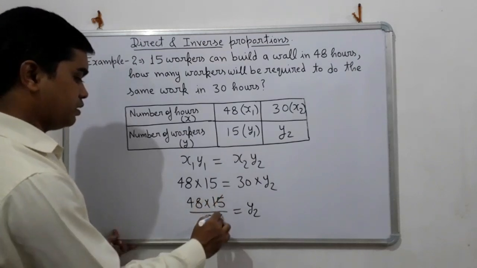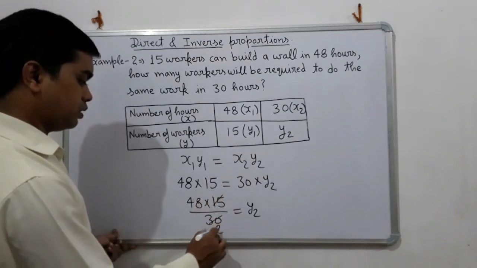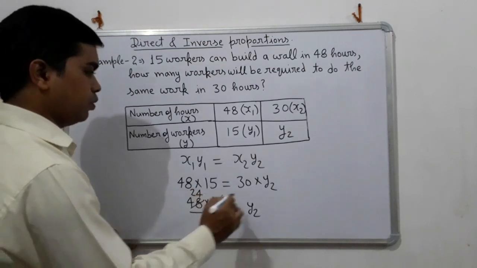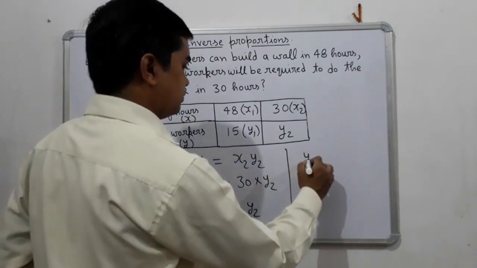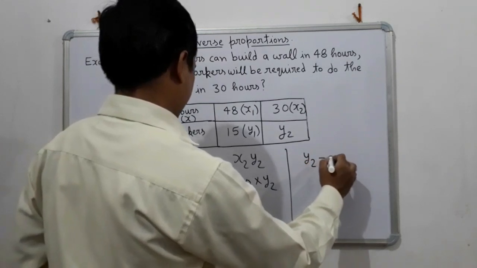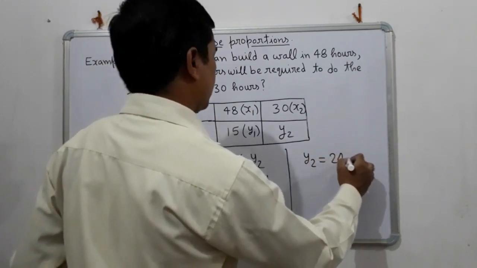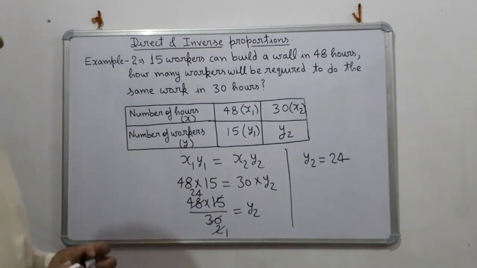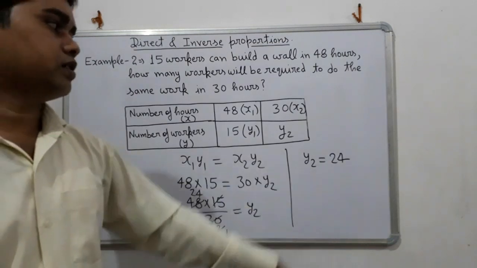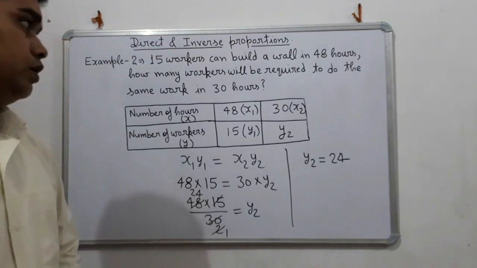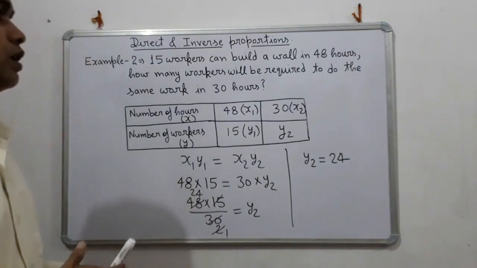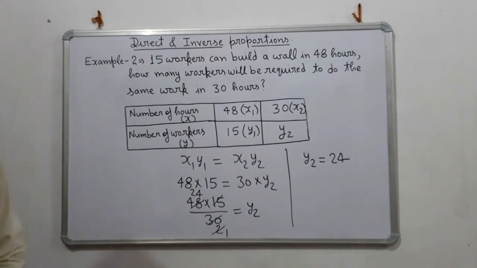So 15 1 जा 15, 15 2 जा 30, then 2 1 जा 2, और इसको काटेंगे तो 24. So it means value of y2 will be 24. So it means for the second case number of workers will be 24. तो अगर आपके पास 24 वर्कर्स हो जाएं तो वही सेम वर्क आप 30 आवर्स में कंप्लीट कर सकते हो.